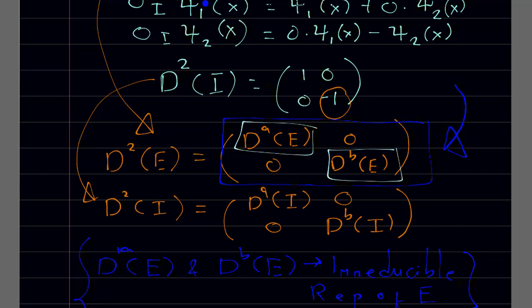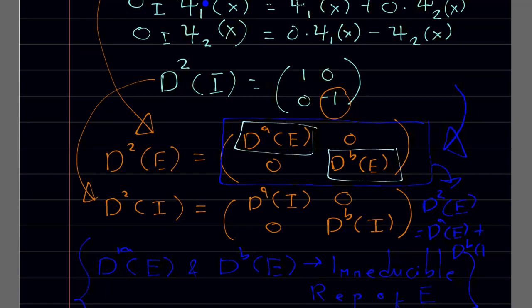For example, if you look at dA of E and dB of E, using these two representations I have a new representation d2 of E. This is in short written like this. So d2 of E can be formed by adding the dA of E representation and dB of E.